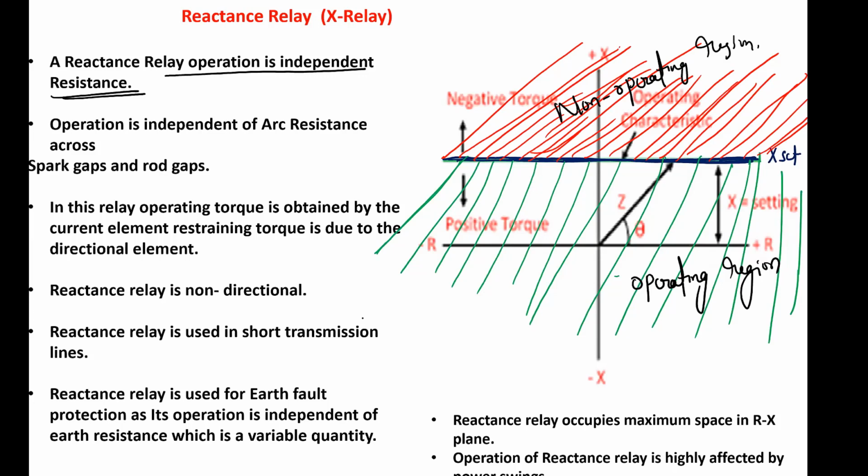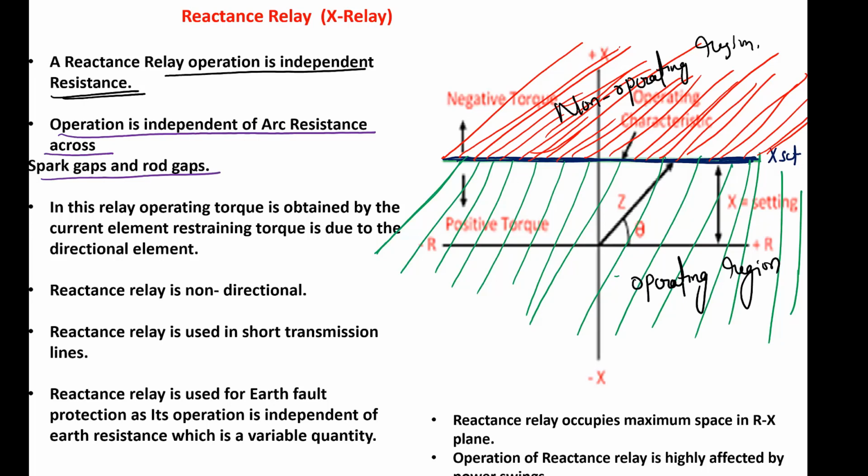So here the operation of reactance relay is independent of arc resistance across rod gaps or spark gaps. They are also called arcing horns or horn gaps. So the relay that we can use in a transmission line where there is severe arcing is the reactance relay, because reactance relay operation is independent of resistance.